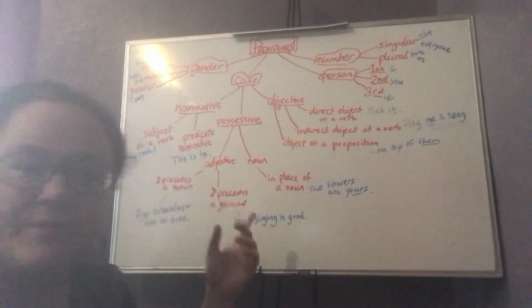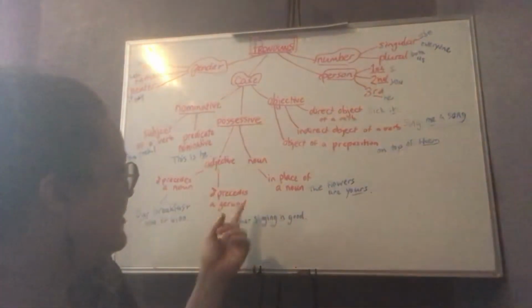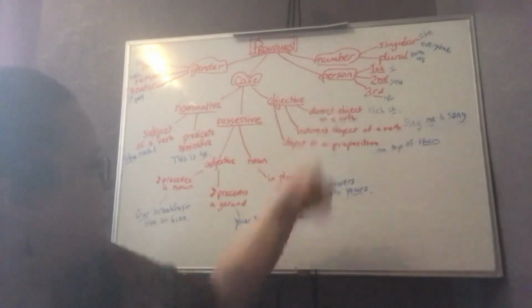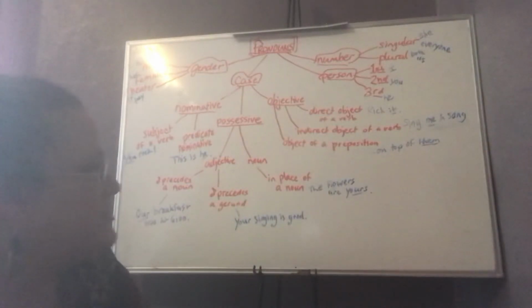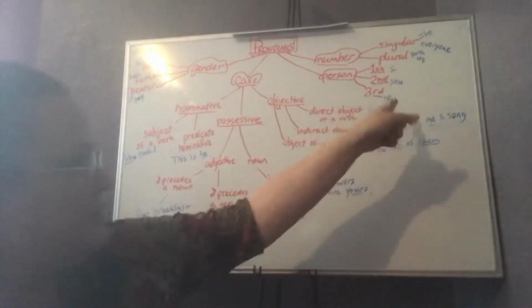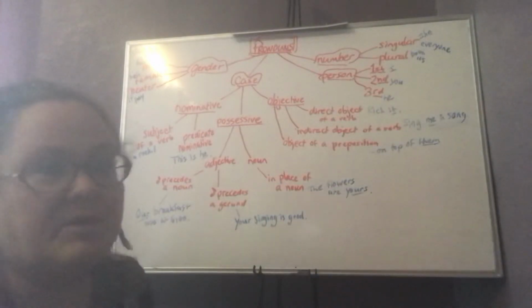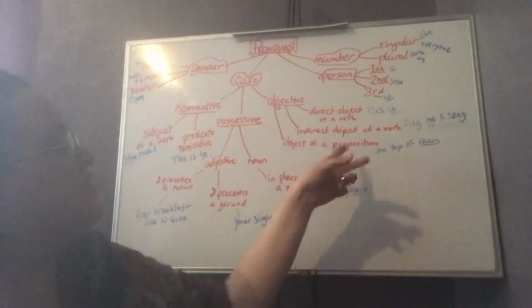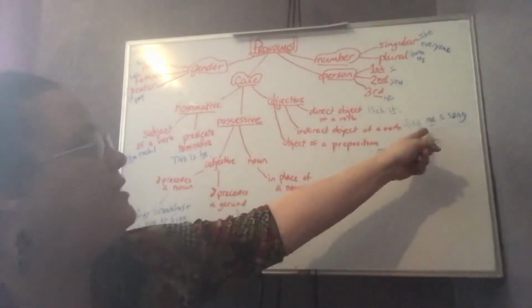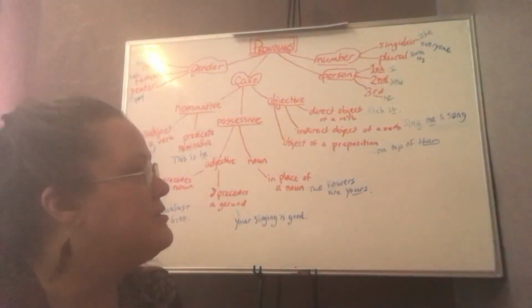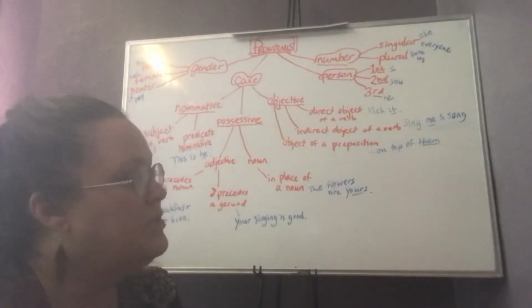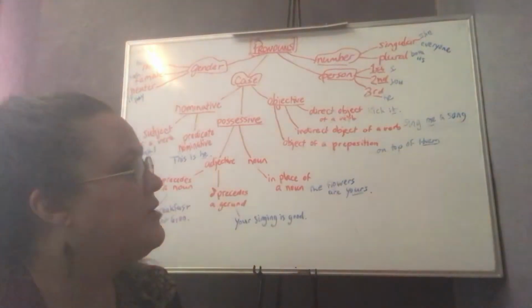And then, let's see, the objective, let's do this next. The objective is for the direct object of a verb. For example, kick it. It is the object of the verb kick. Indirect object, sing me a song. So me is the indirect object because it's not receiving the action of singing, it's receiving the song, the direct object.